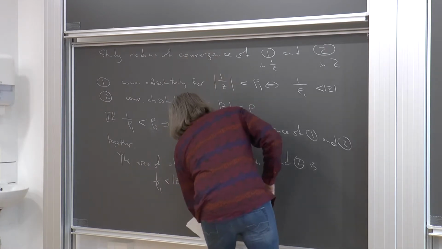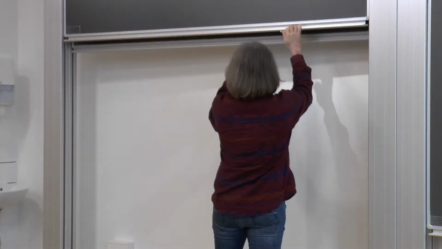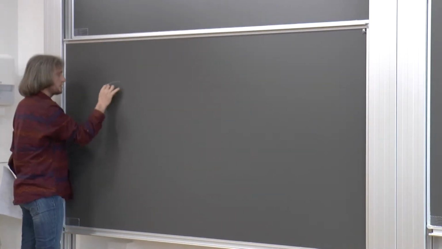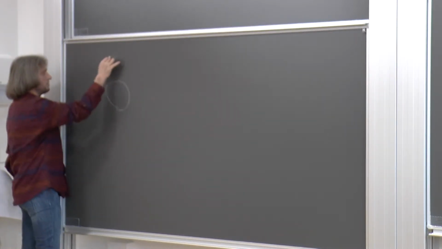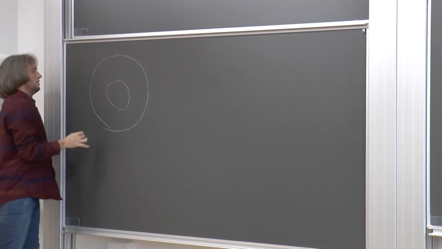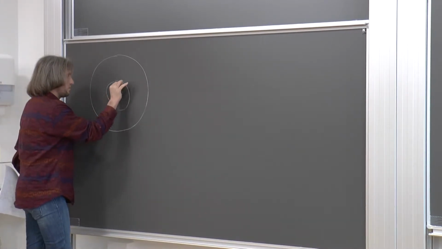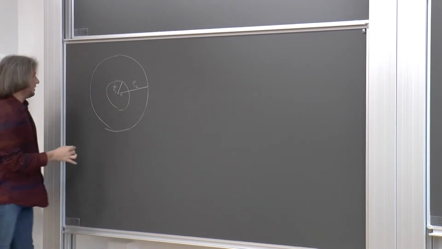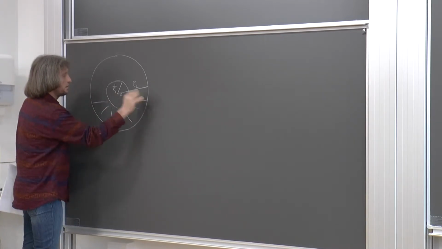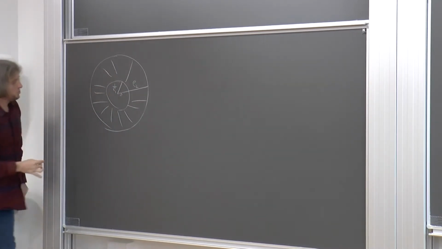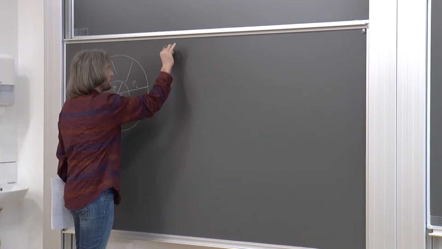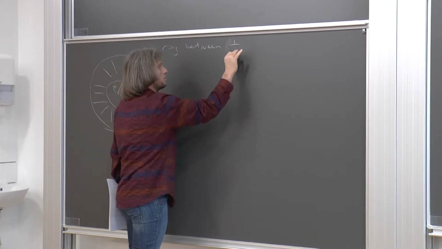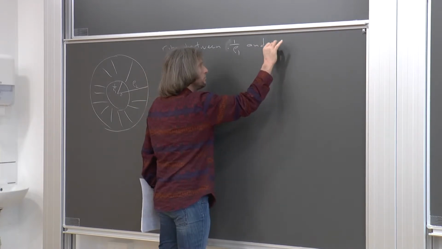So if we draw what this means, then we have two disks. One of radius 1 over rho 1, and the other one with radius rho 2. And our z belongs to this area, which certainly should be called a ring between 1 over rho 1 and rho 2.